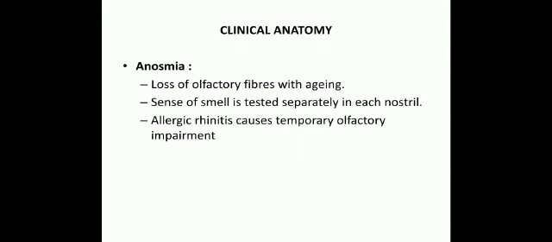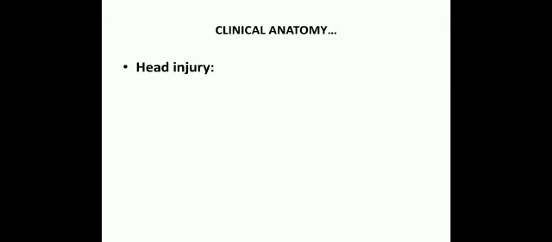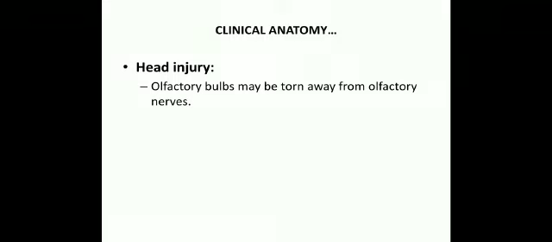Then allergic rhinitis causes temporary olfactory impairment, and the absence of the frontal lobe of brain or meningioma in the anterior cranial fossa may press on the olfactory bulb or olfactory tract, resulting in anosmia. In some head injuries, the olfactory bulbs may be torn away from olfactory nerves. It may cause CSF rhinorrhea, that is the cerebrospinal fluid leakage through the nose.